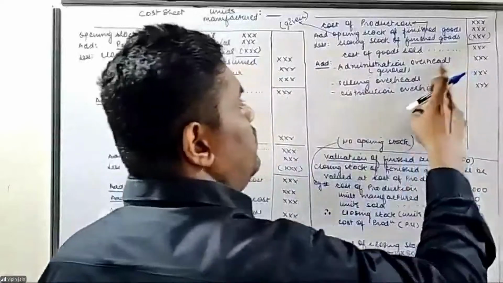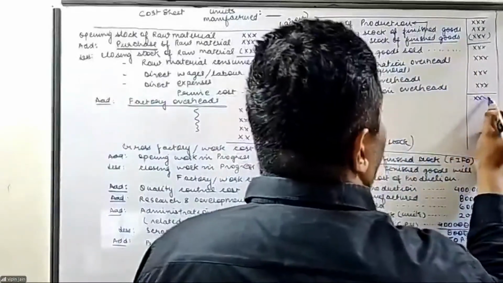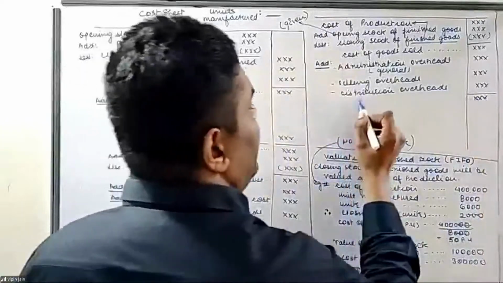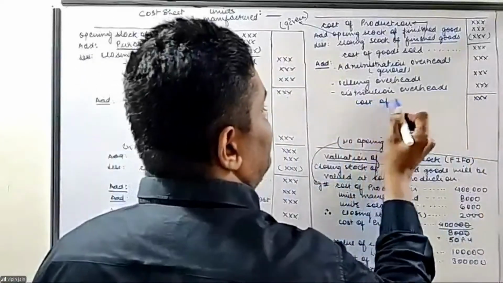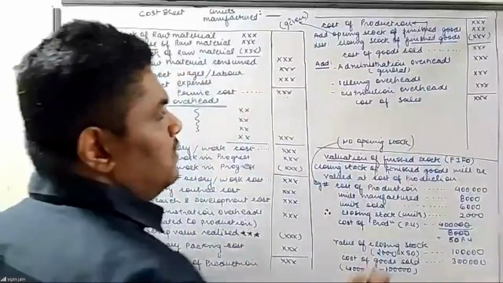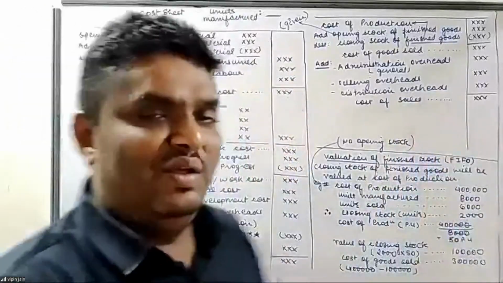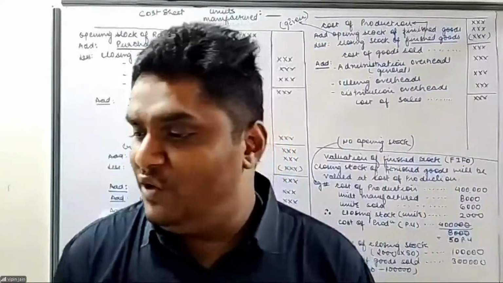So administration overhead, selling overheads, and distribution overhead all will come here. And this is how we will get the final cost, that is the cost of sales. This is the total cost of the units that we are selling.